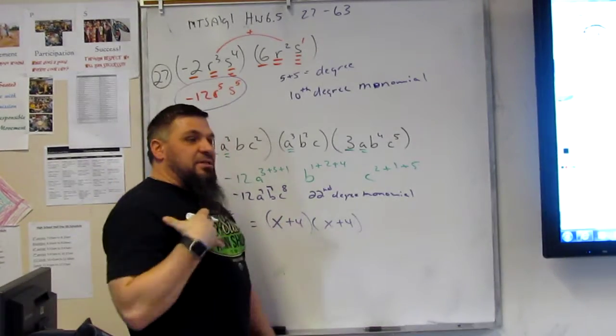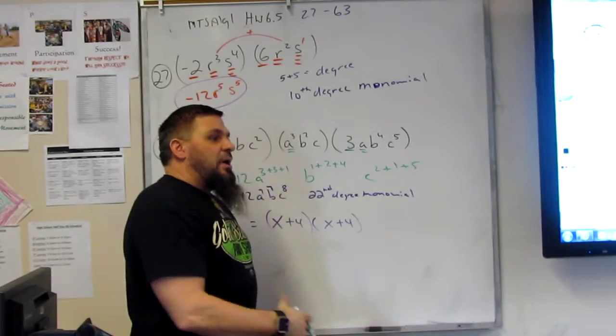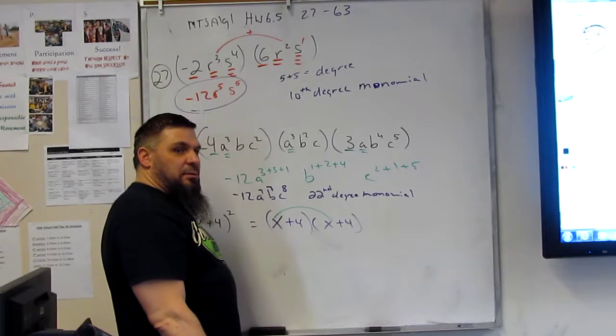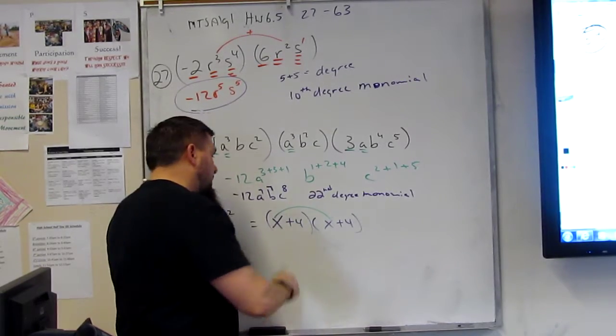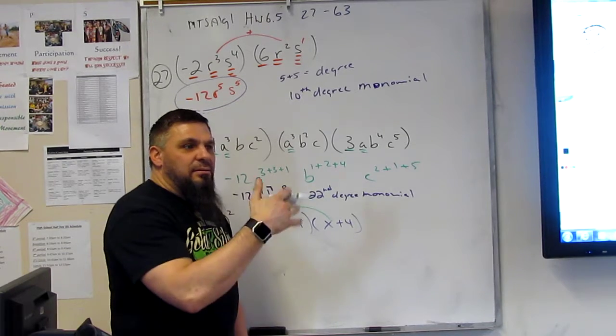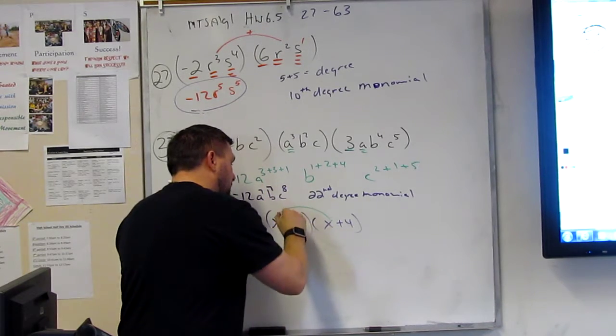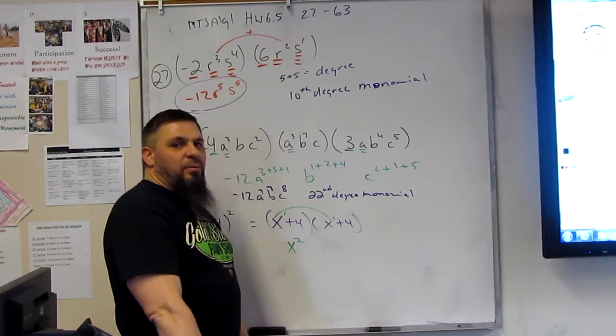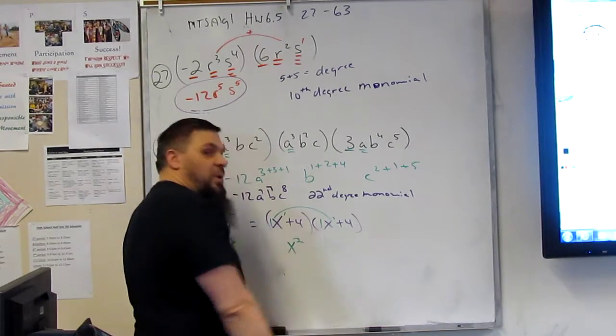I call this clamshell distribution. Clamshell because I go here. That's x times x. What is that? I add the ones, 1 plus 1 is 2. X squared. 1 times 1 is 1.